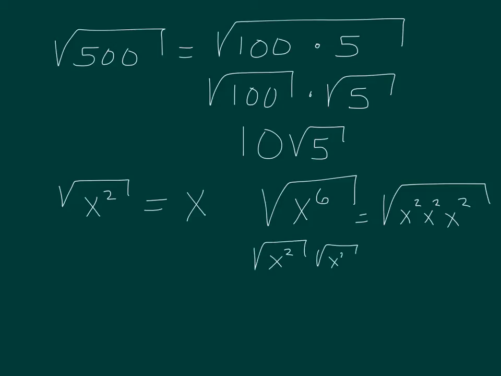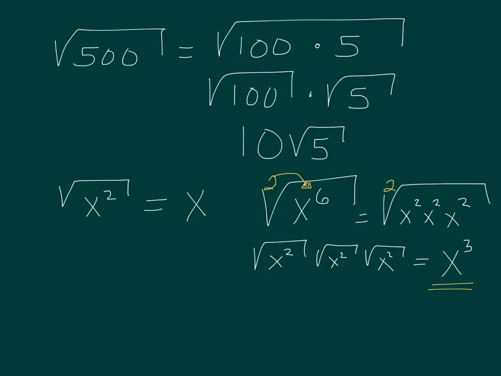And then I could take the square root of each piece separately, leaving me with x cubed. So one thing we can think about, we don't really see this square root symbol, but what we're doing here is we're dividing 2 into 6, and we know that 2 goes into 6 3 times.